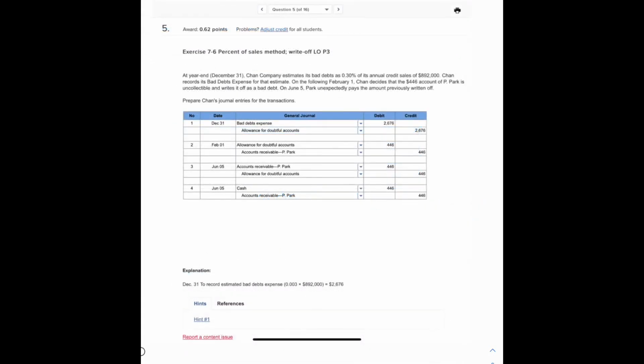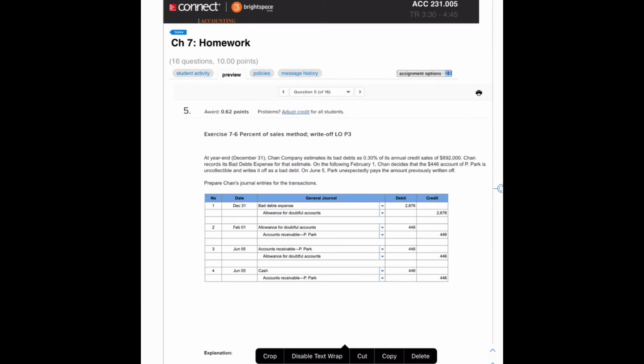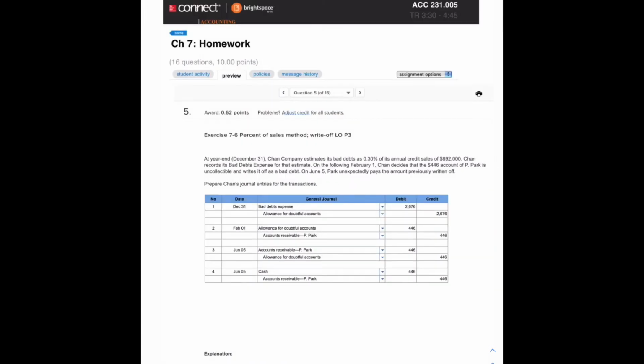Now, for question number 5, what we're going to look at is the percentage of sales method. And the percentage of sales method is what we call one of our allowance methods. So this is where we're going to actually see how these allowance methods work.